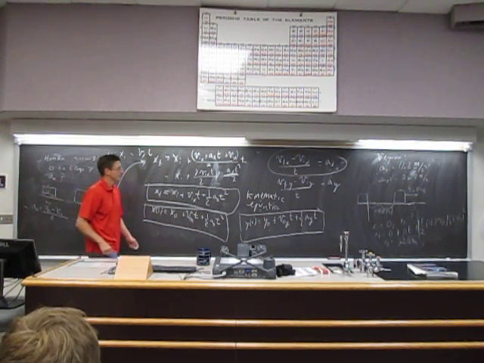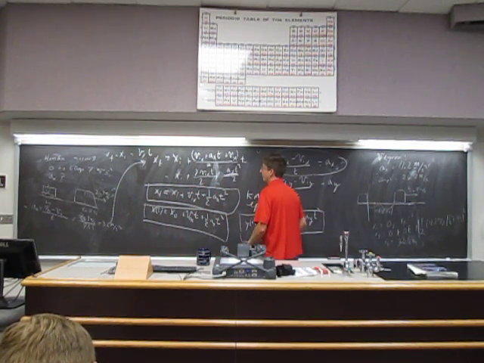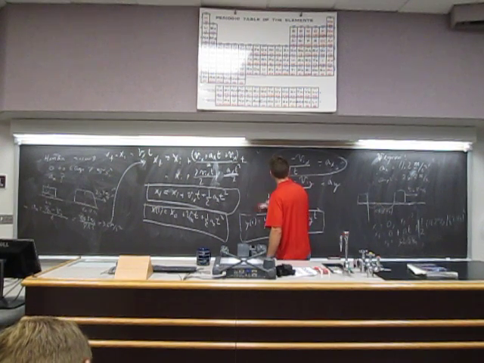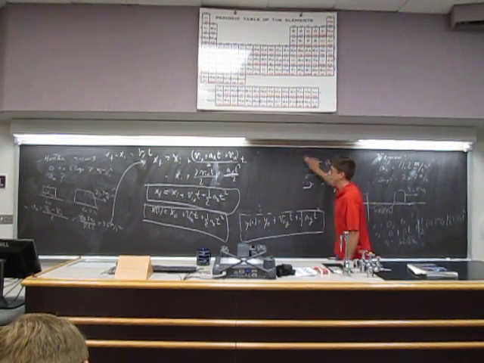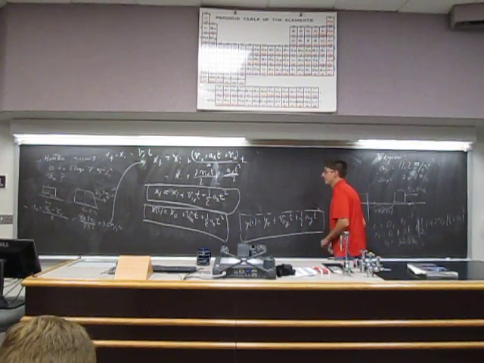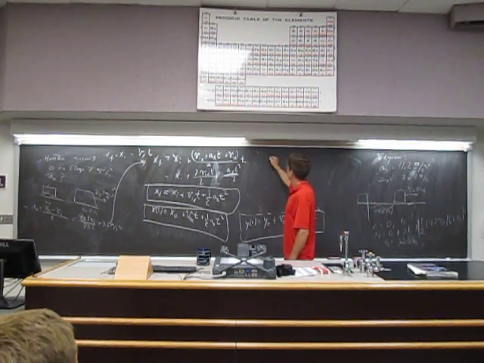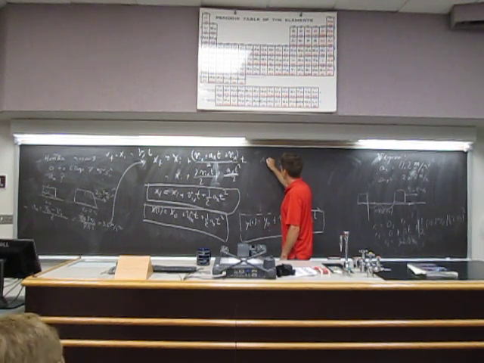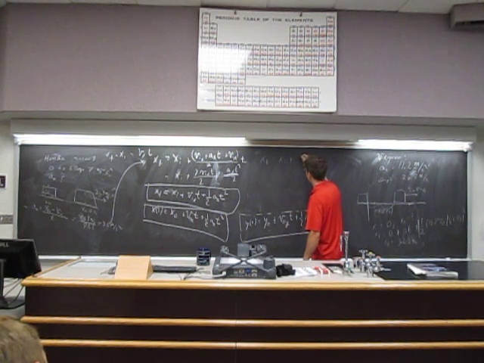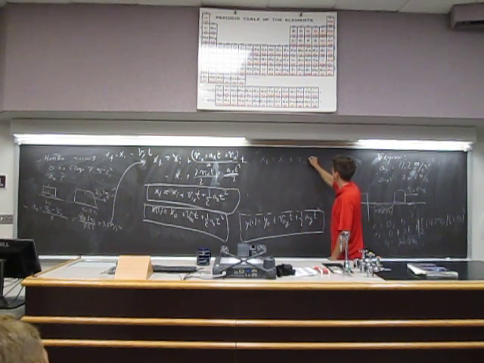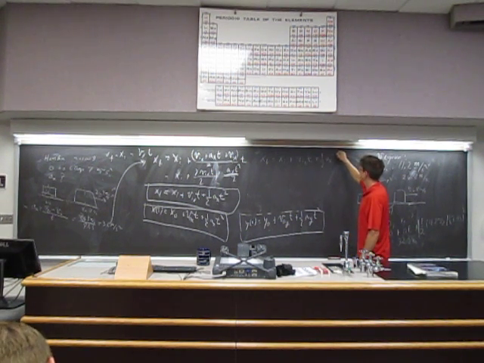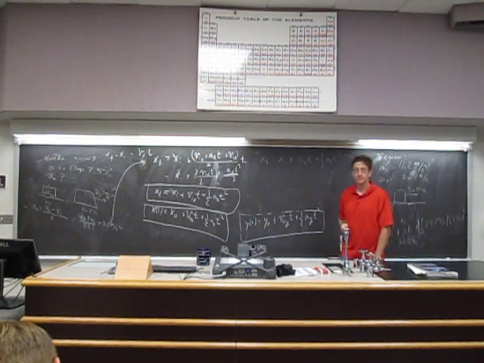Now, let's see how far it traveled in that time. The final x position is equal to the initial x position plus initial velocity in the x direction times time plus 1/2 times the acceleration in the x direction times time squared.